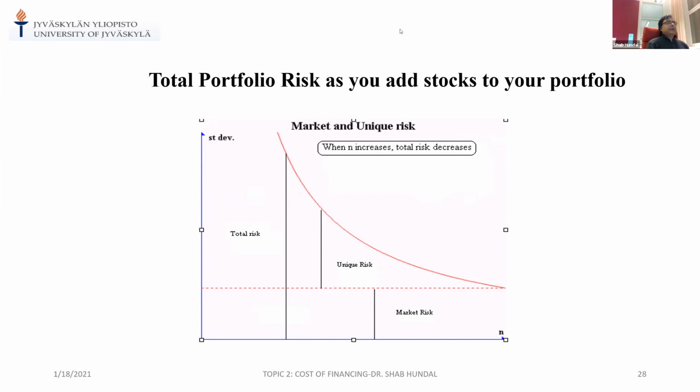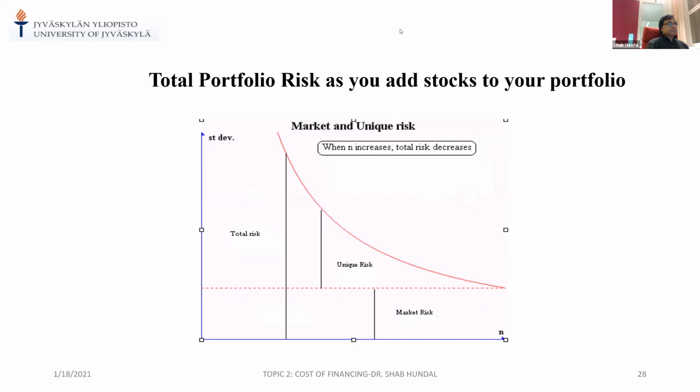So if risk is here, and N are the stocks, if N becomes infinity, it doesn't go like this.